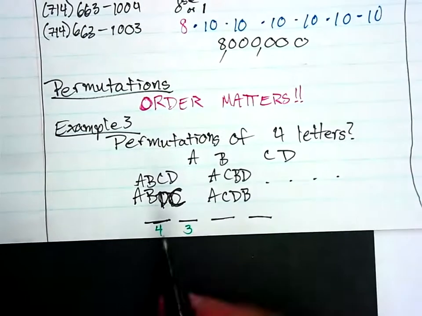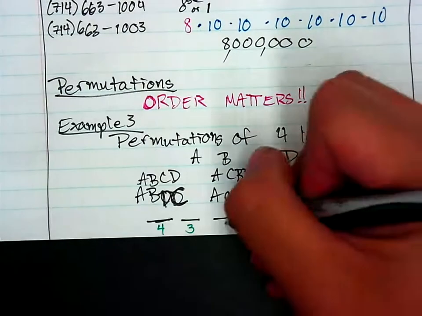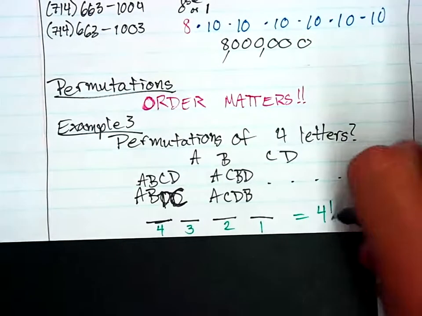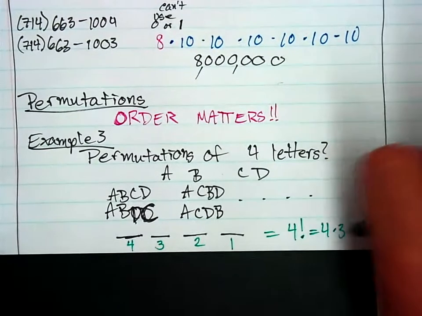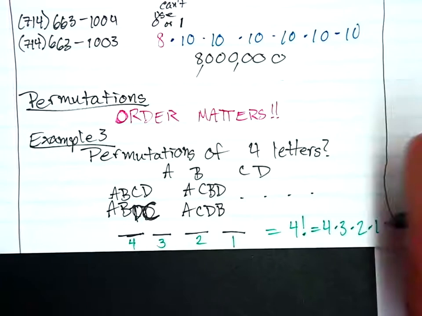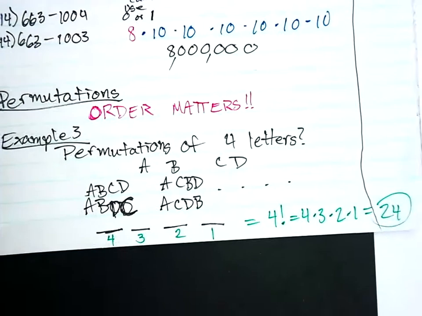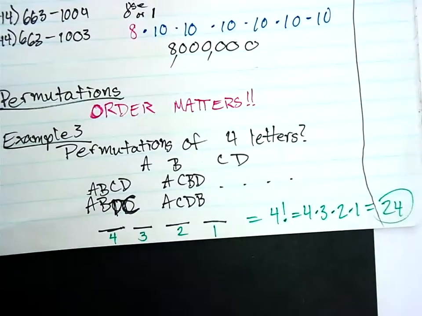Same thing if I chose B first, then I only have A, C, or D. And then it just goes down from there. And what we have is basically 4 factorial, or 4 times 3 times 2 times 1. That will give me 24. Not such a bad one to list out, but still it's a lot easier just to go about it this way.